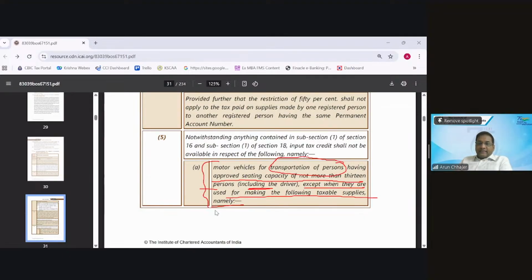From this para, they have given two exceptions by which you can take the ITC of a motor vehicle. Quickly tell me what are the two exceptions or provisions carved out from this para by which you are entitled to take the ITC of the motor vehicle.